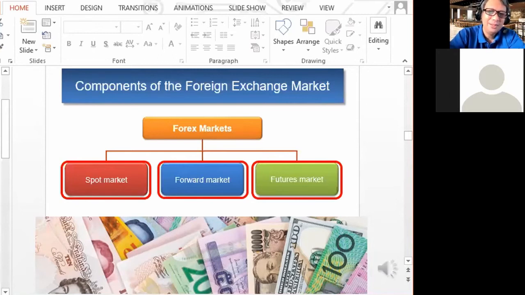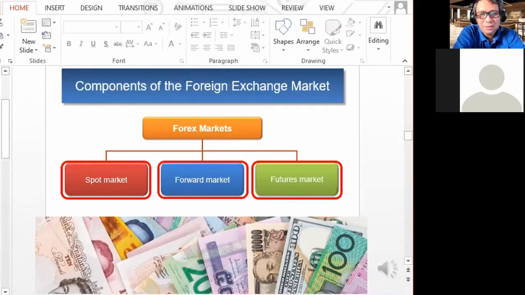Okay. So do you have any questions, class, about the types of foreign exchange market? Spot market, forward market, futures market. Okay, so forward market, again, you agree on a future price or a future exchange rate. You protect yourself from changes in foreign exchange and changes in price.